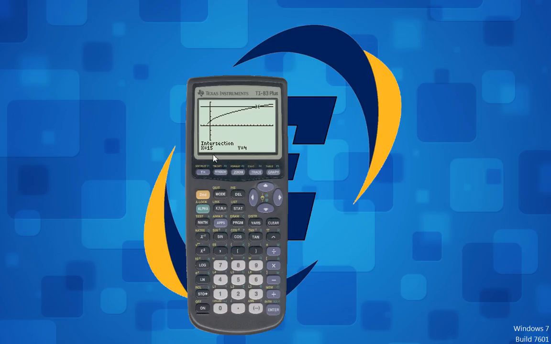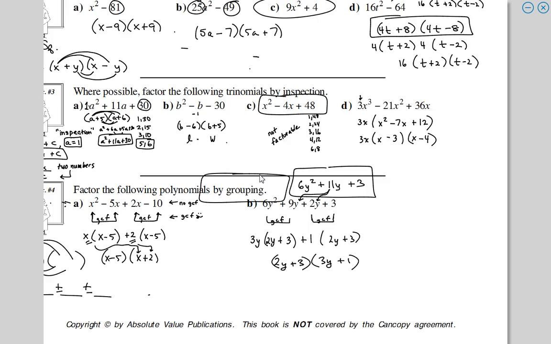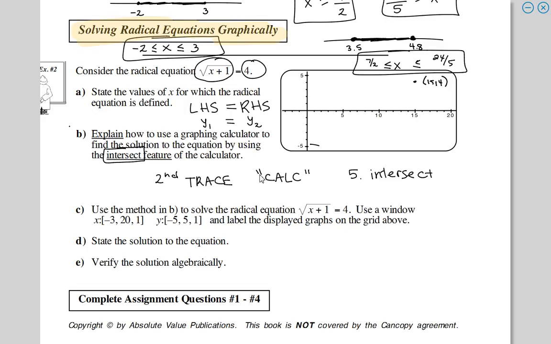But here's your answer. When x is 15, the y is 4. There's your answer. Okay, so let's put that in there. This 15 comma 4.